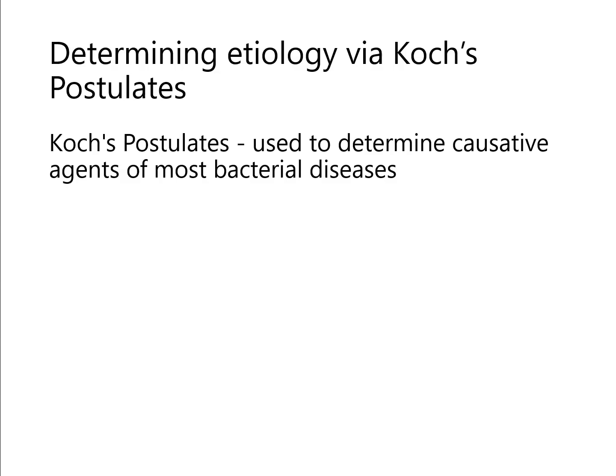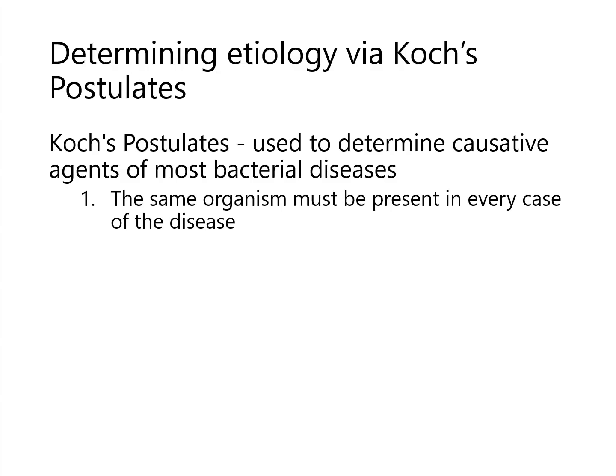Because he was able, using these postulates, to convince people that Bacillus anthracis bacteria caused the disease anthrax. And so we used the same logic to prove that a certain microorganism causes an infectious disease. So here they are, and you should know them now.